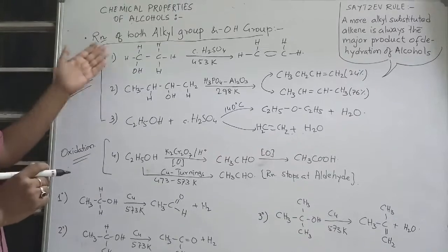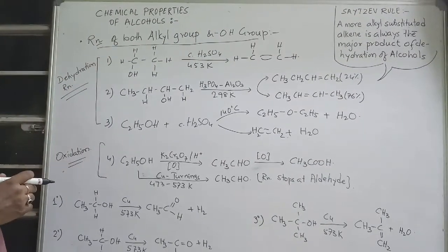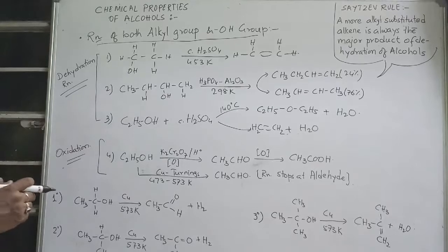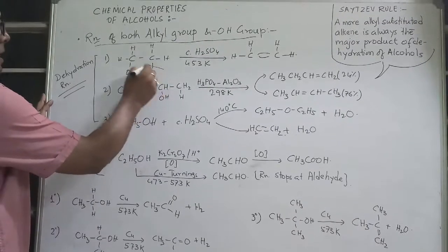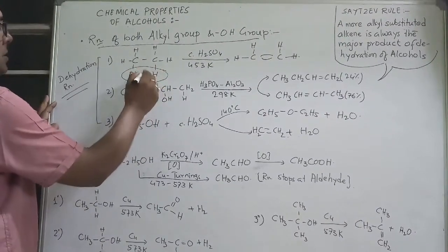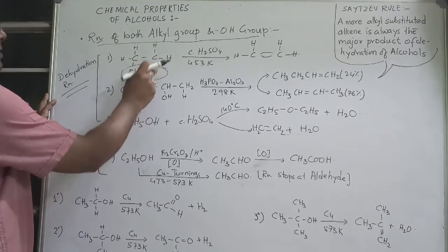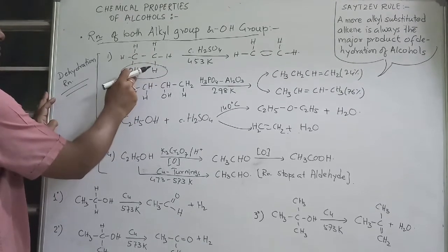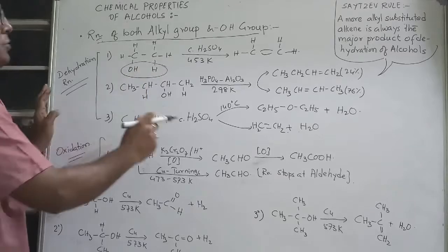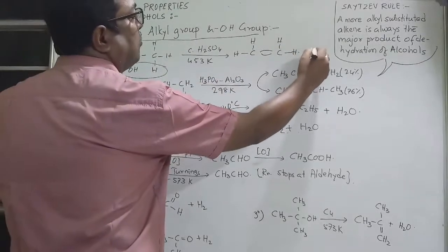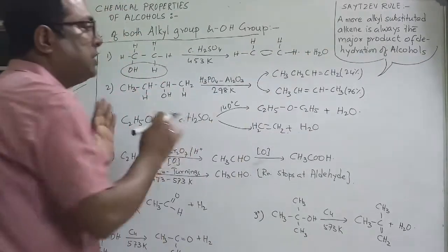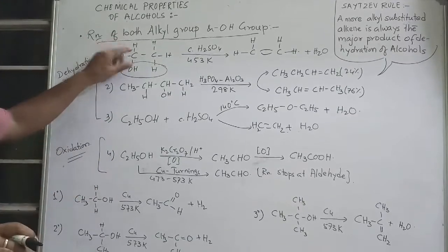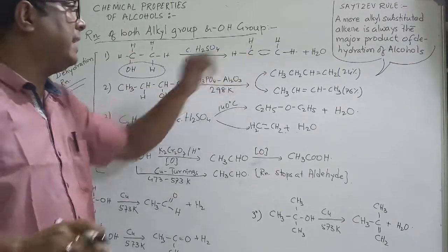In the dehydration part, we have divided into 3 subcategories once more. So this is concentrated sulfuric acid at 453 Kelvin. What happens is the H and the OH, the H from the alkyl part and the OH part of the alcoholic group, they unite together to form here water. So they will be losing out water, and the compound formed is an alkene.